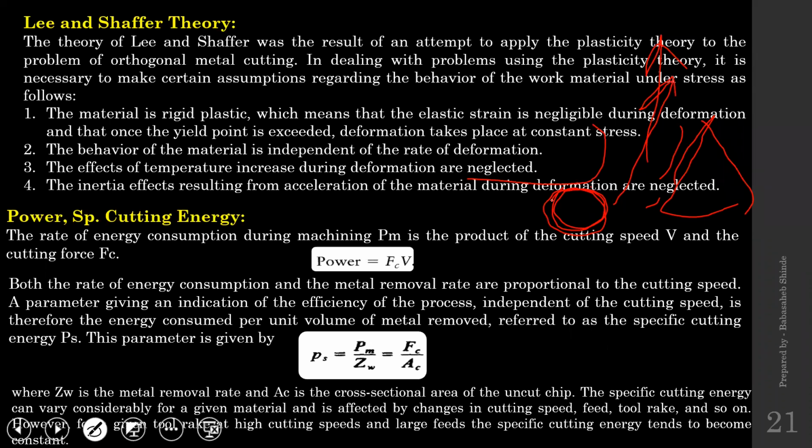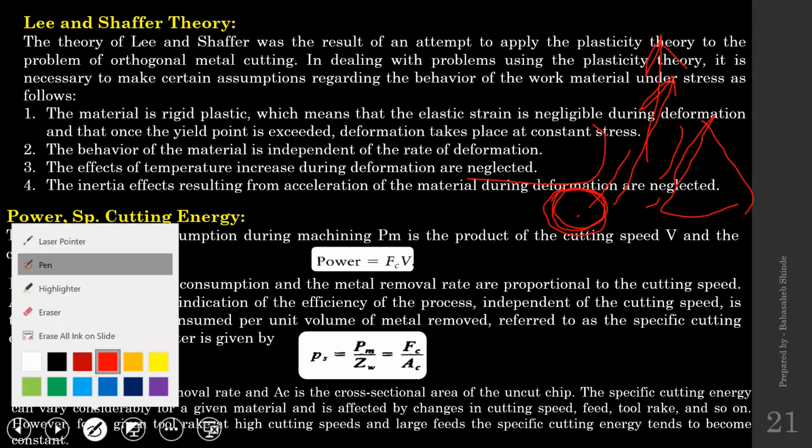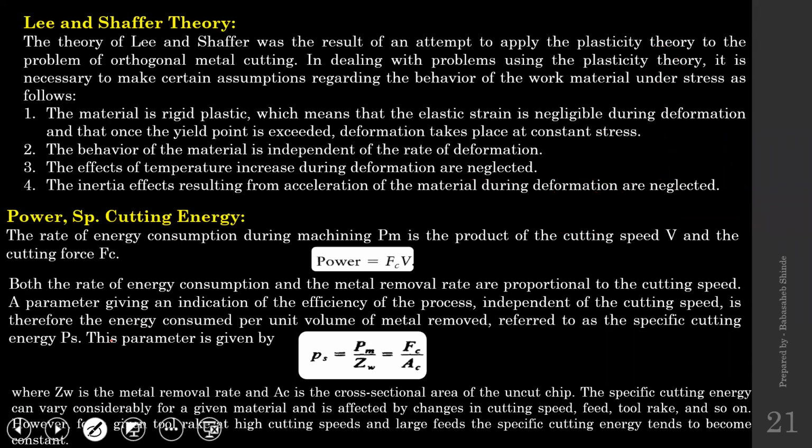To simplify this analysis, we are going to neglect the inertia effect as well. So all these are the assumptions. With all these assumptions, we are going to apply this to orthogonal cutting and analyze the forces.